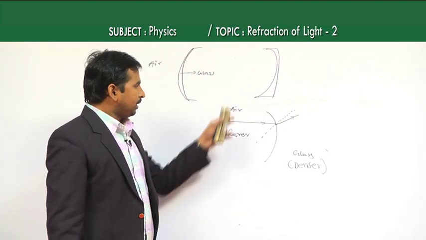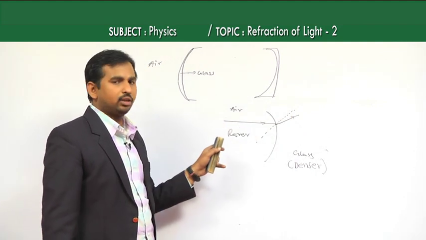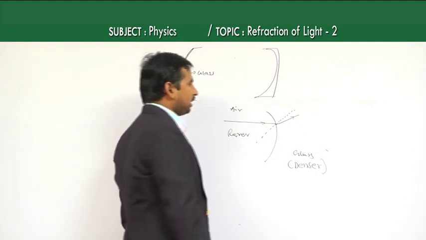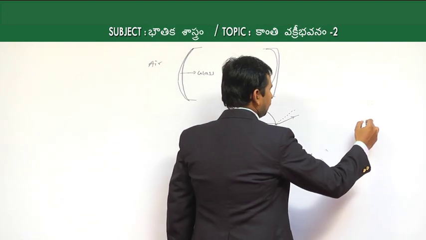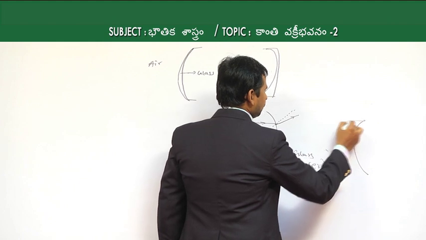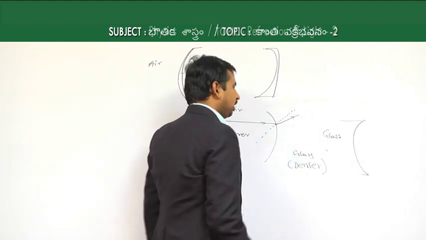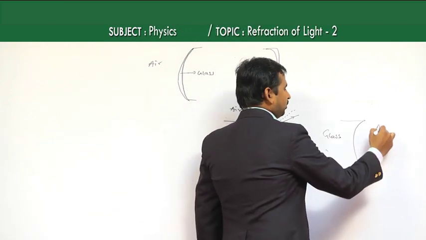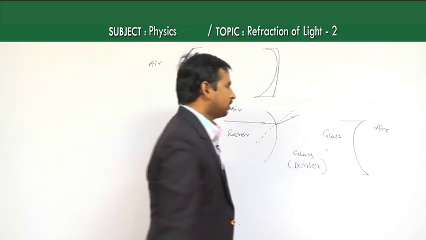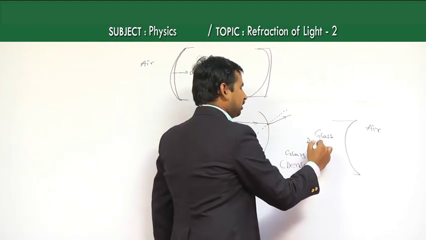Okay. Now, if the light ray starts from the glass and goes back into the air, then in that case how it takes place is like this. Let us suppose this is the glass and here it is coming back to the air, which is a rarer medium here, and this is the denser medium.